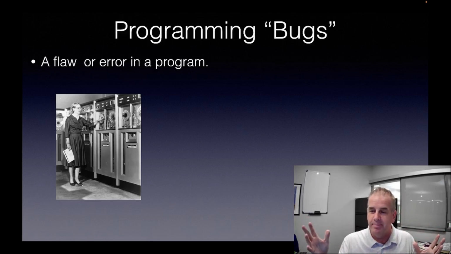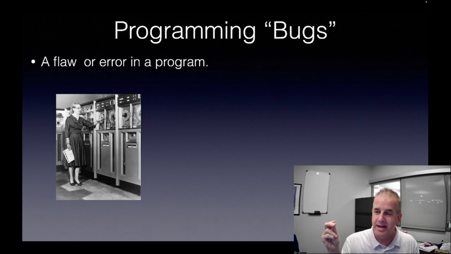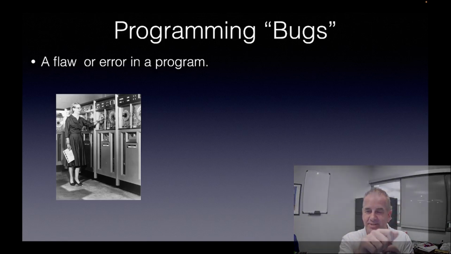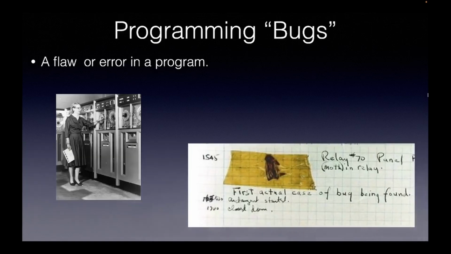She opened it up and she found a moth that was inside there, kind of disrupting the electronics. So Hopper and her colleagues took that moth out, they taped it into their little logbook, and they made a note saying that this was the first actual case of a bug being found. And ever since then, that term kind of stuck.